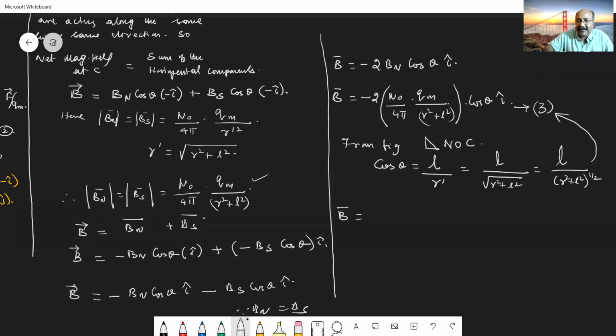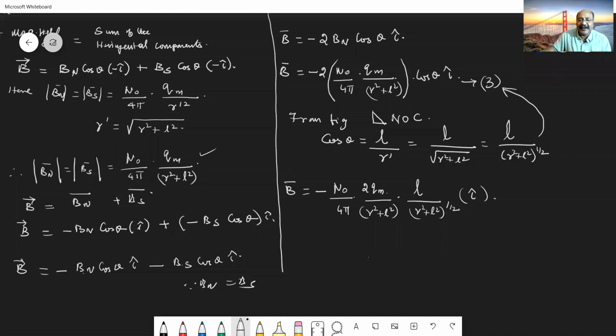So B vector equals minus of mu 0 divided by 4 pi into, taking this 2 and multiplying it with the QM, 2QM divided by R square plus L square into, instead of cos theta, L divided by (R square plus L square) to the power of 1 by 2 into I cap. Am I correct?